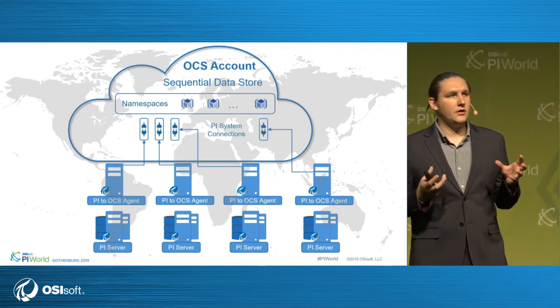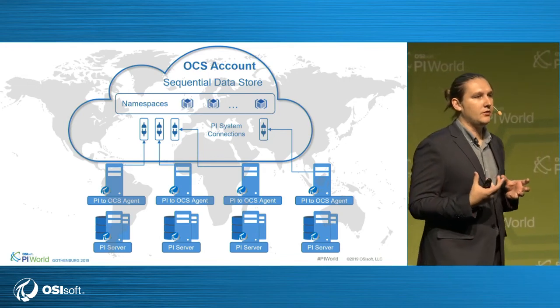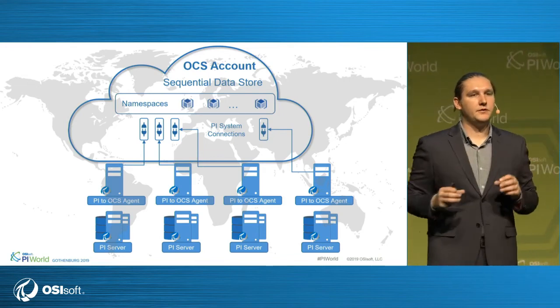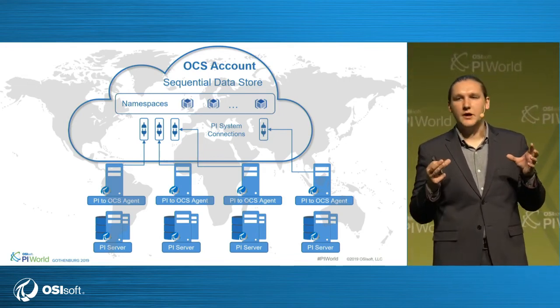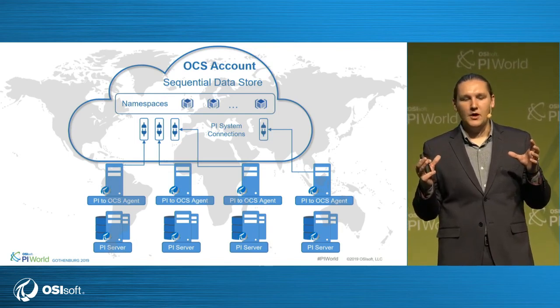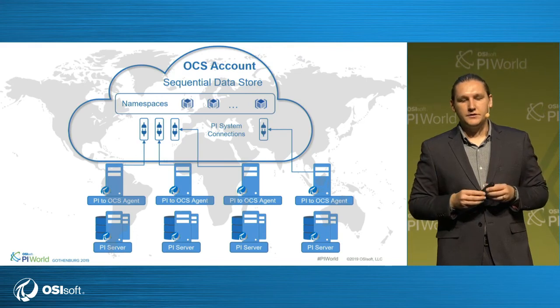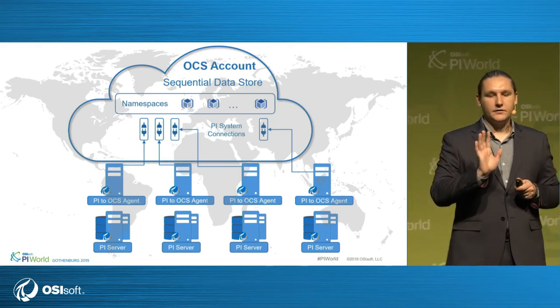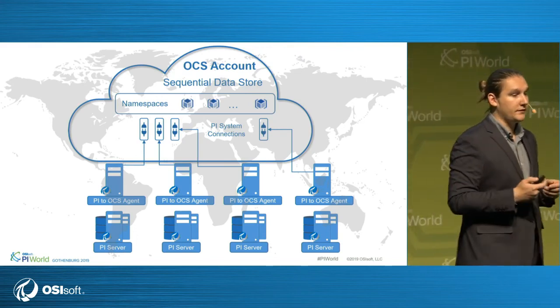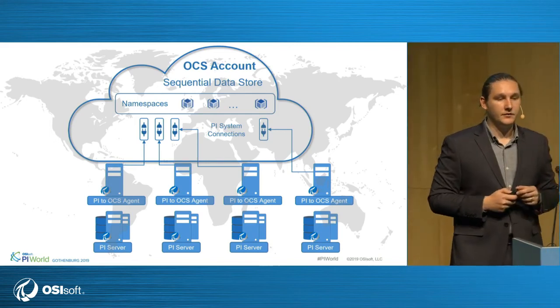Once you are registering in OCS, you are receiving a specific area called a namespace, and afterwards, the PI to OCS agent is sending the data directly to OCS, OSIsoft Cloud Services.